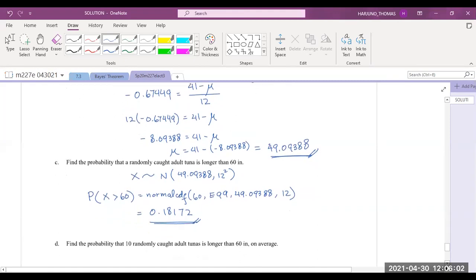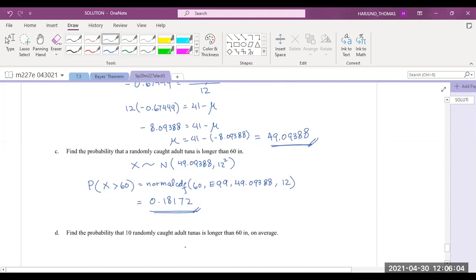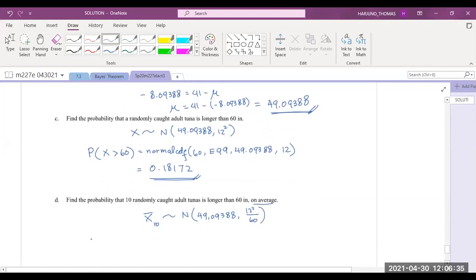Last one. Find the probability that 10 randomly caught adult tunas is longer than 60 inches on average. So the average length of 10 tuna will be, according to our theory, normally distributed with mean this guy, and variance the original variance divided by 10.